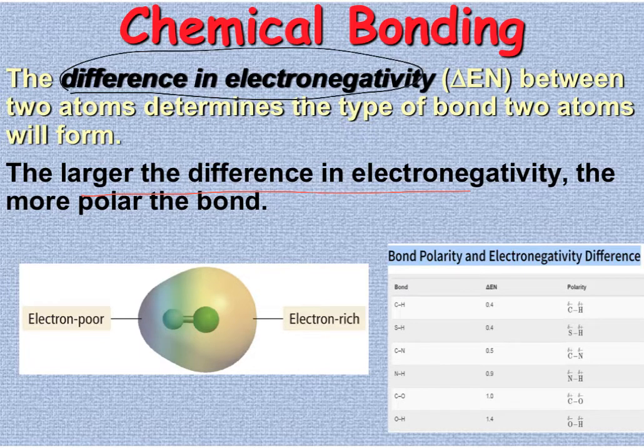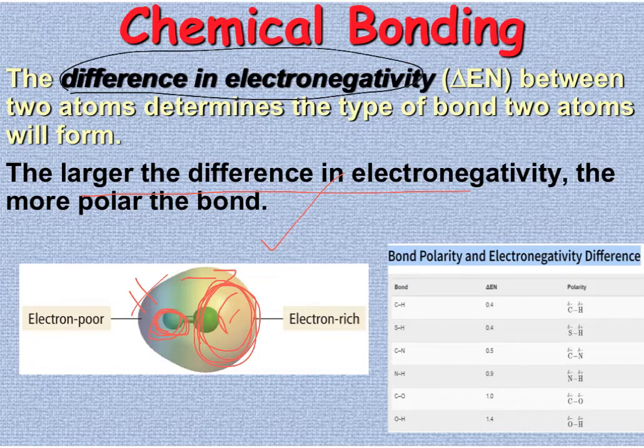And that makes sense. If you look at this image, let's say that one of the atoms bonding is very electronegative. We'll just say fluorine. And then let's say the other atom bonding is not very electronegative, so we'll say hydrogen. So the bonding electrons are going to spend more time nearer to the fluorine because it's going to have a stronger attraction for them.